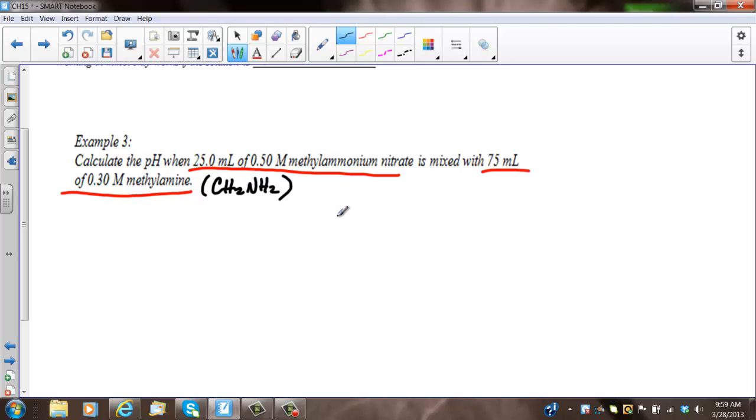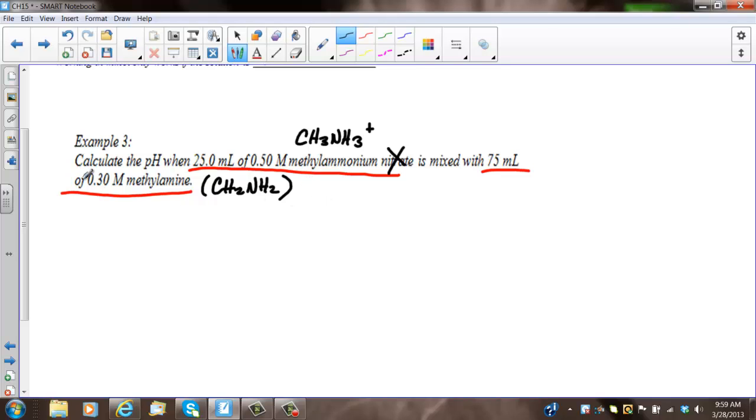And for the methyl ammonium nitrate, we're not interested in the nitrate, so the methyl ammonium ion is just going to be CH3NH3+.